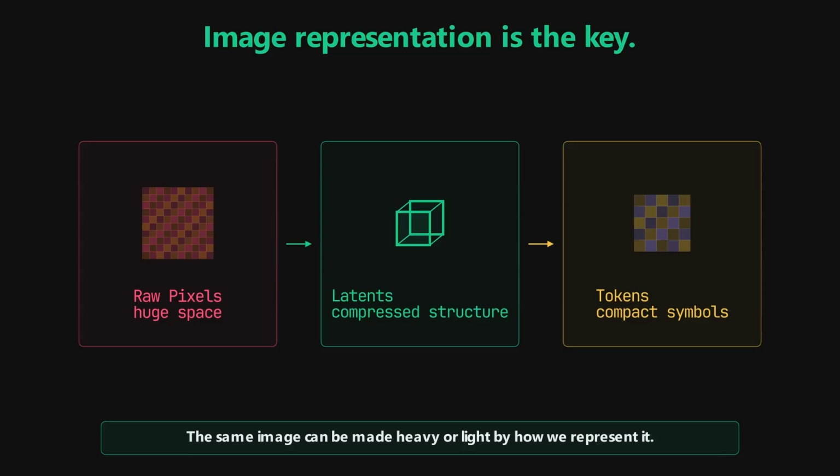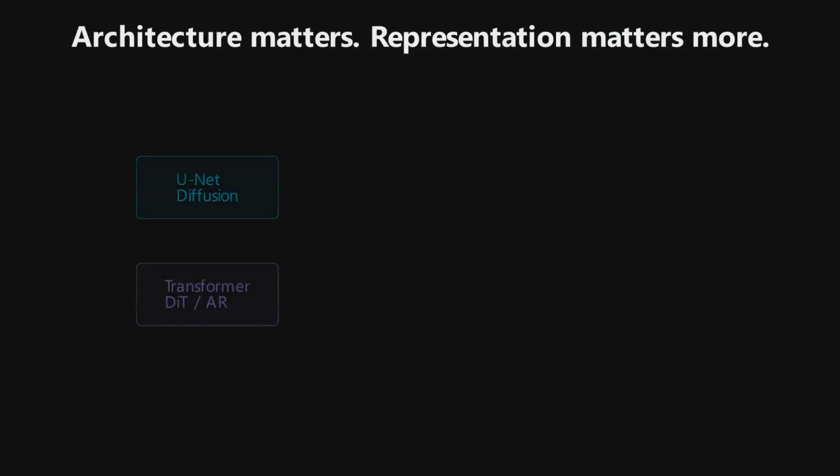If we represent images as raw pixels, the model has to work in a massive space. Every detail is explicit. Every color value is there. Every denoising step is expensive. But if we represent images as latent vectors or discrete tokens, we compress the important information. We give the model a smaller, more structured space to work in.